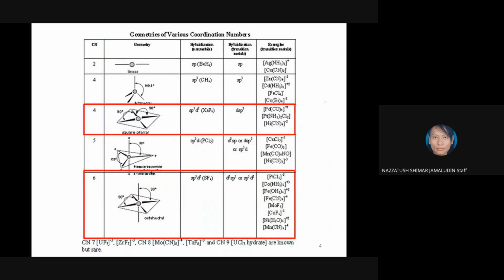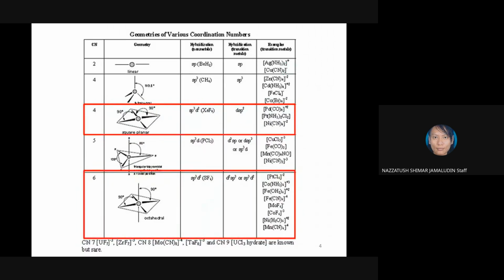You can just go through this table on your own. There are examples of linear geometry compounds. Like what is this? Diamminesilver, diammineargentum. Silver is argentum.